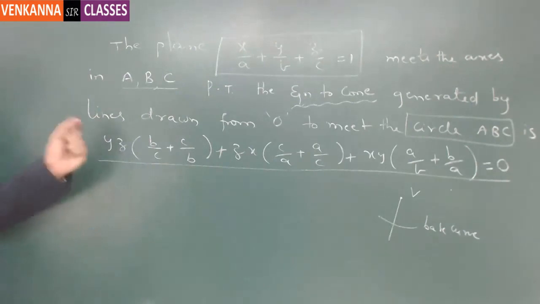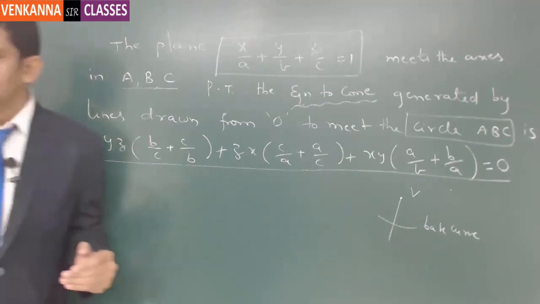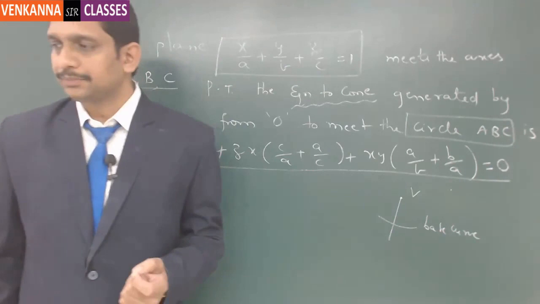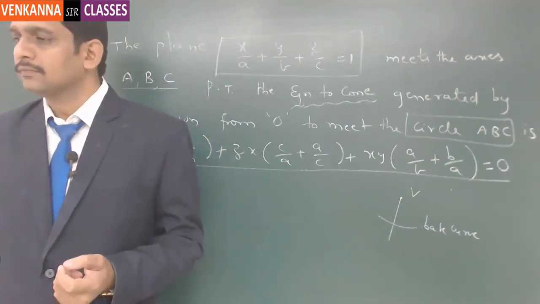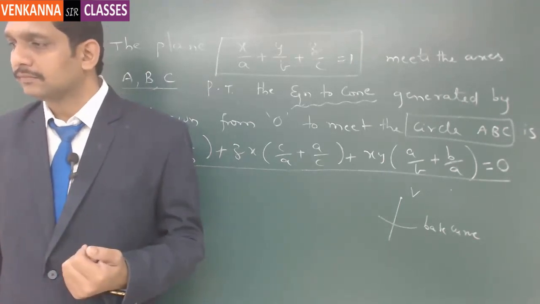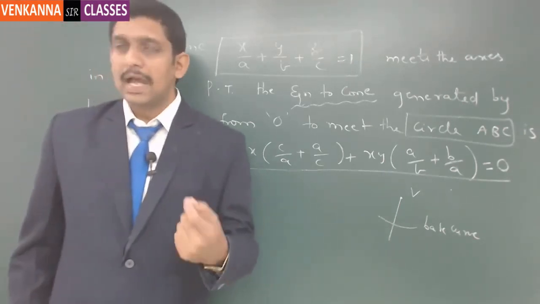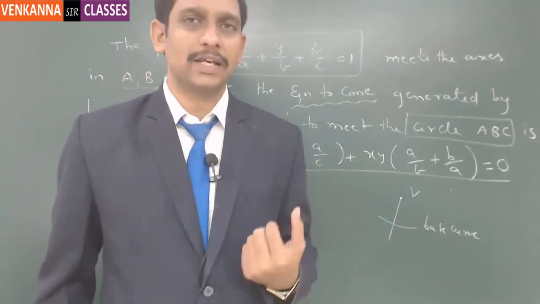Now tell me how a circle forms. As per the previous topics in the discussion of solid geometry, how do we get a circle? As per the previous topics, when a plane and a sphere intersect, you will get a circle.